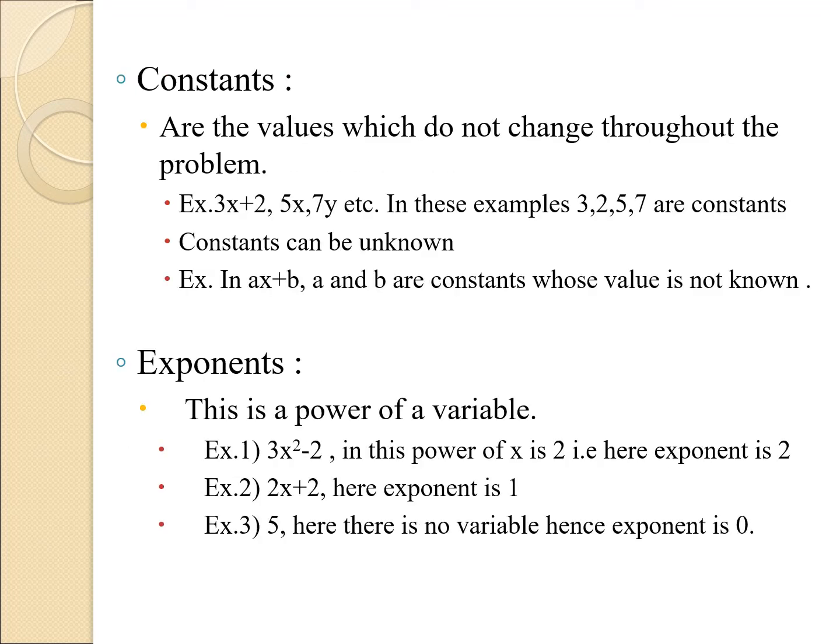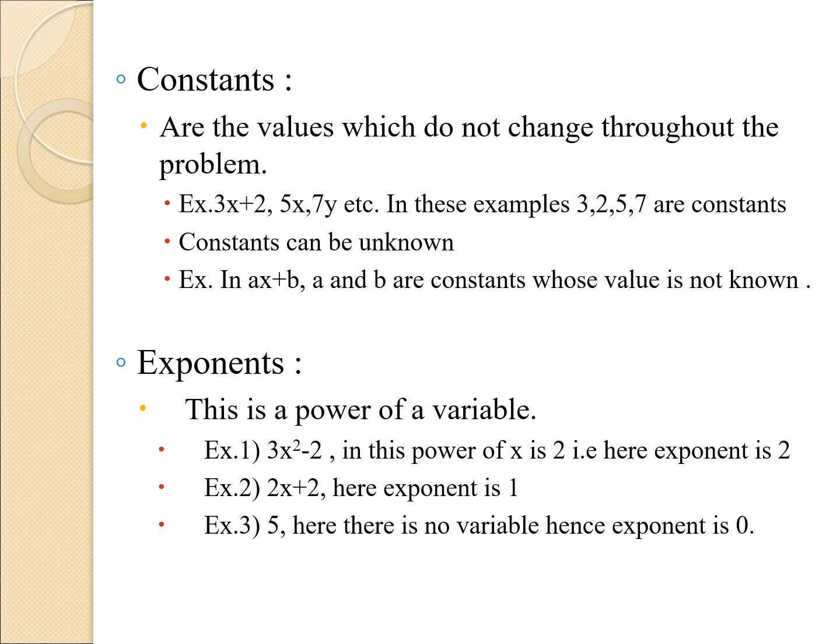And second is constants. One more term that will always be there in a polynomial is the constant. So what is a constant? If a variable is a term which changes its value throughout the problem, then a constant is the term whose value will not change throughout the problem. Again an example is quoted here, 3x plus 2. In this example, x is a variable.